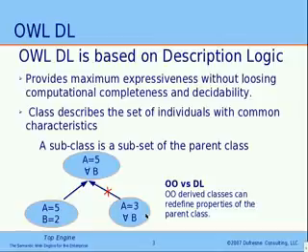This would not be admissible in description logic because the individuals of the subclass are not a subset of the individuals of the base class, because the axiom A equals 5 of the base class is no longer respected in the subclass.